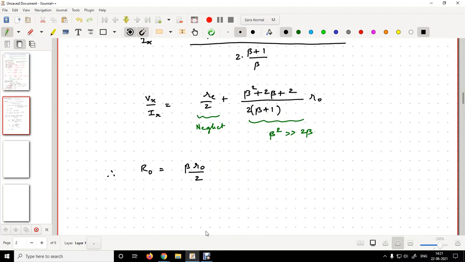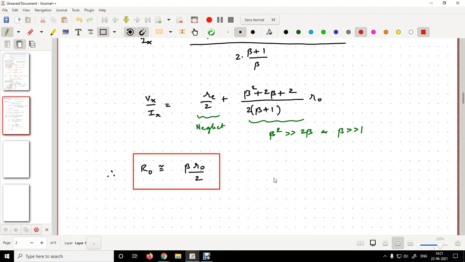Another assumption here is beta is very much greater than 1. With all these assumptions, the final value of R naught will be this. Okay, I hope this is clear.